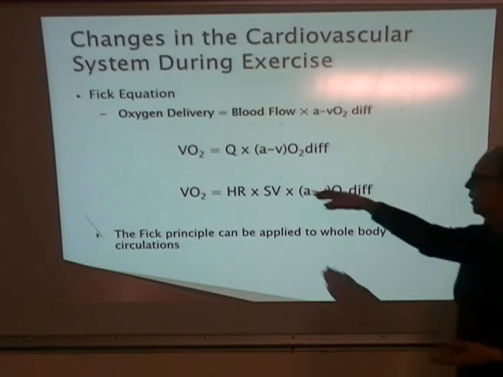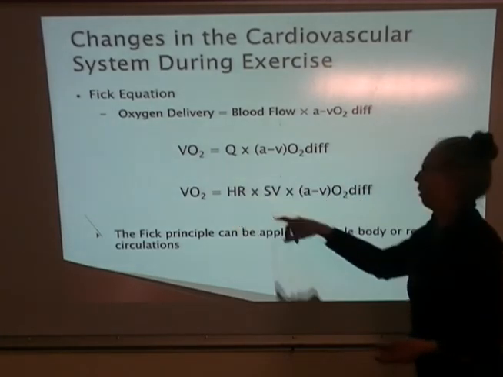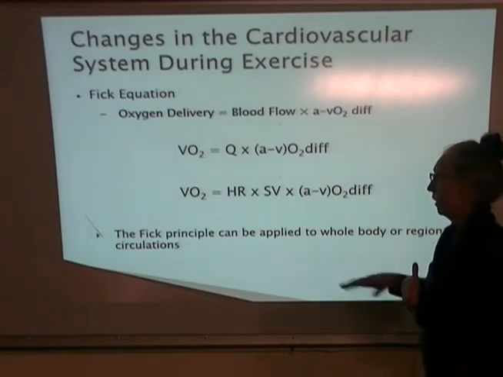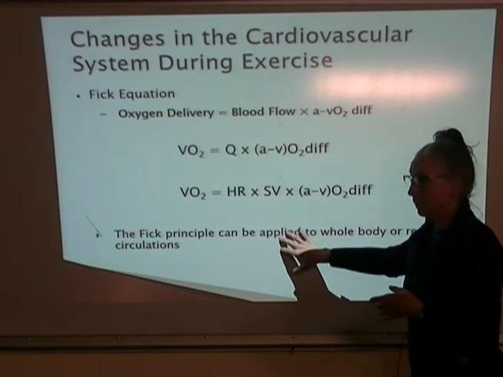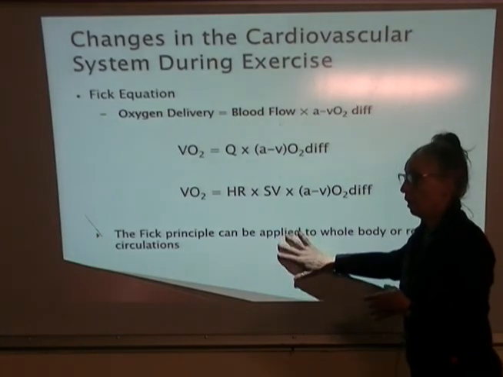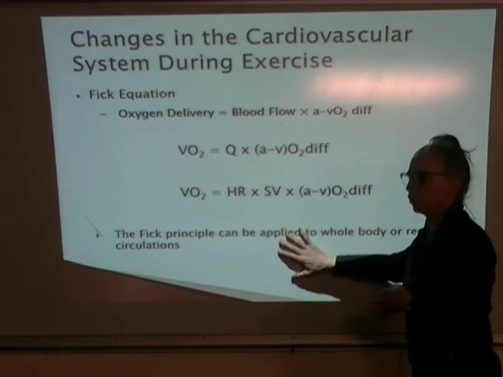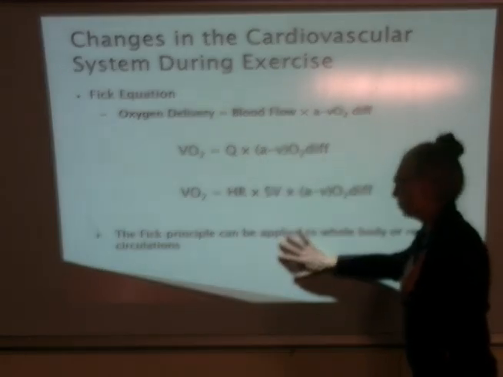And then you can swap out the Q and put heart rate times stroke volume. Don't worry too much about this last piece. The biology would be more applicable for the biology students than it is for the HPE students.